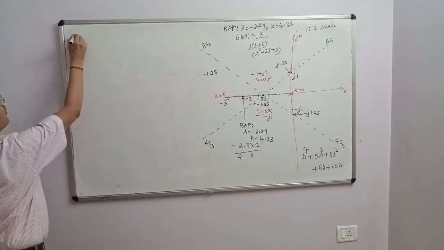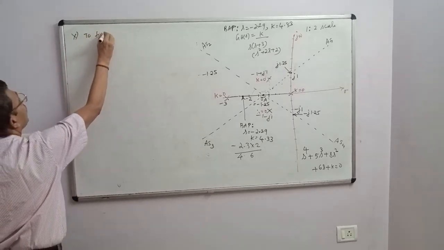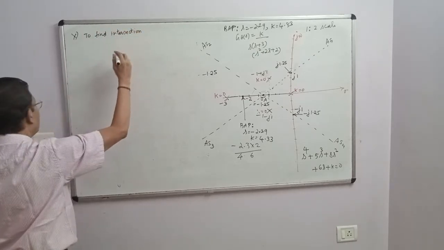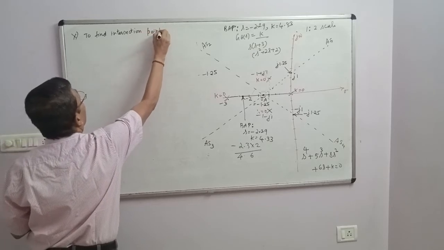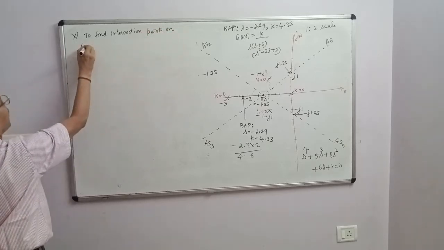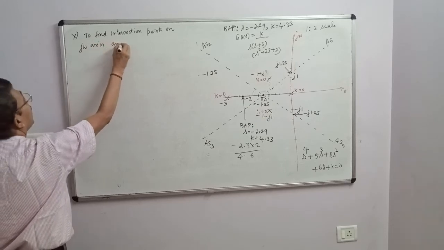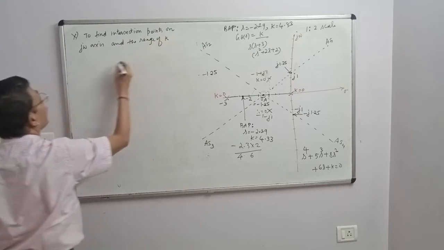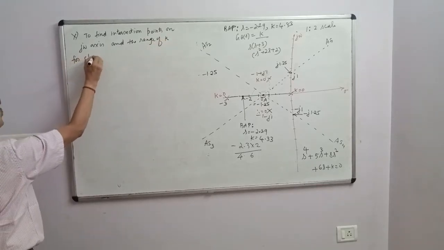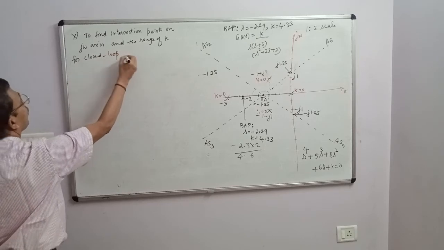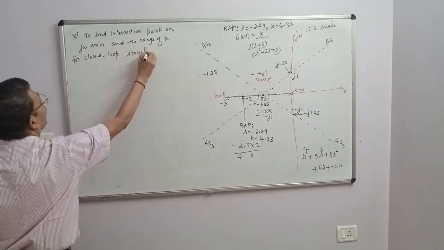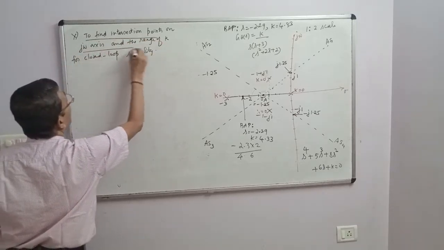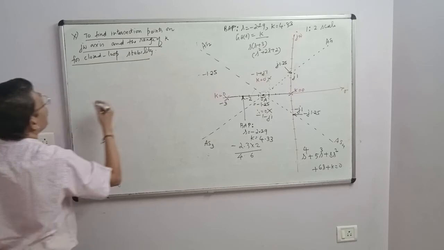Step number 10, to find the intersection points on the j omega axis and the range of k for closed loop stability.